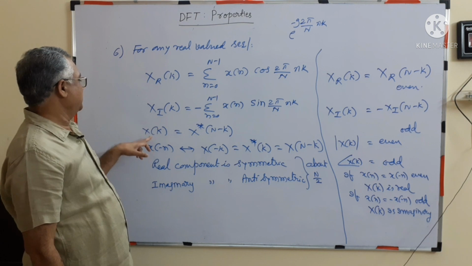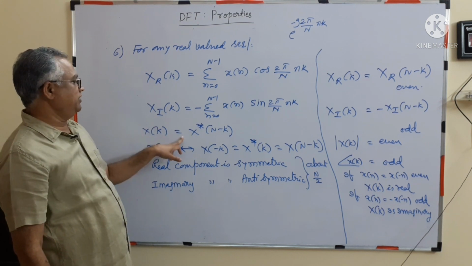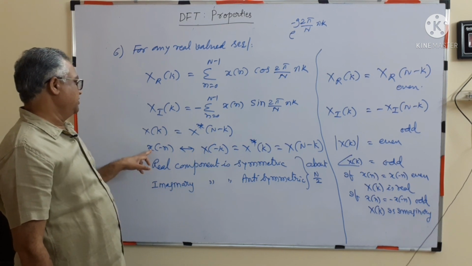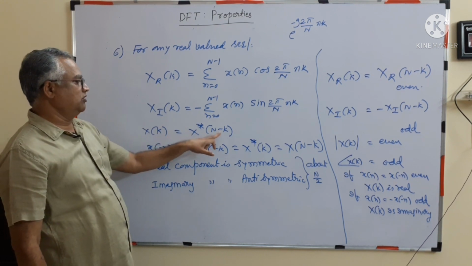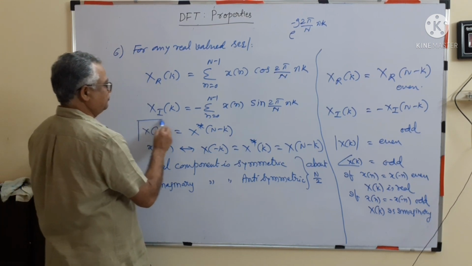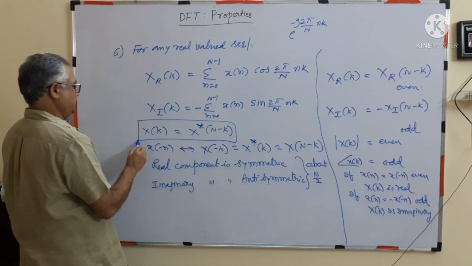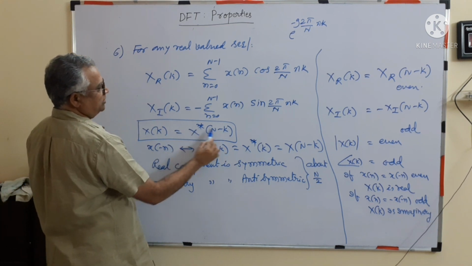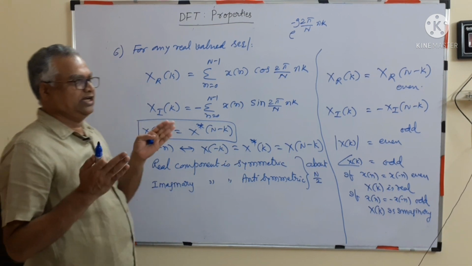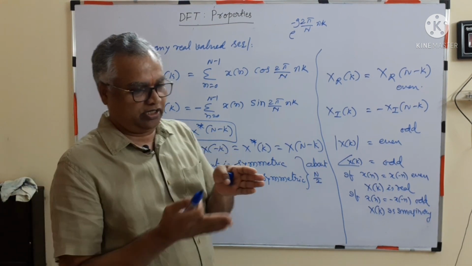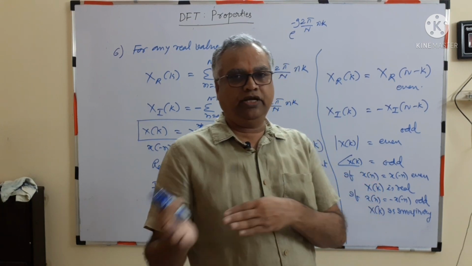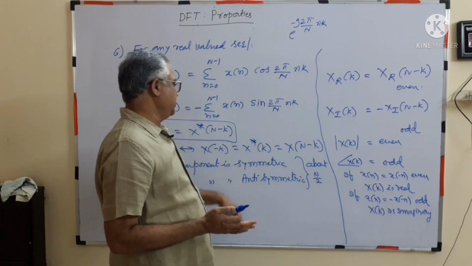Then X of k is always X star of N minus k. X of k equal to X star of N minus k. This property is very, very important. If it is an 8-point DFT, you need not really compute all 8 points. You can compute half, and the remaining half we can find with the help of the symmetry property.